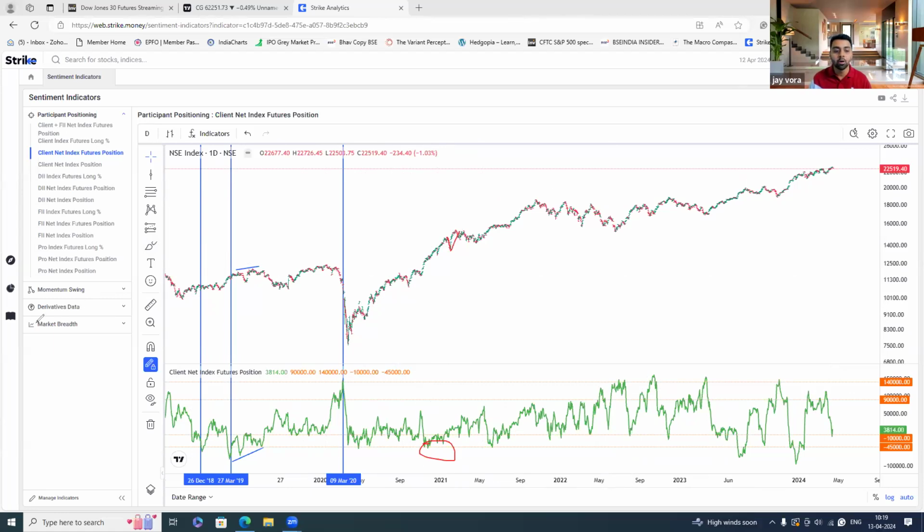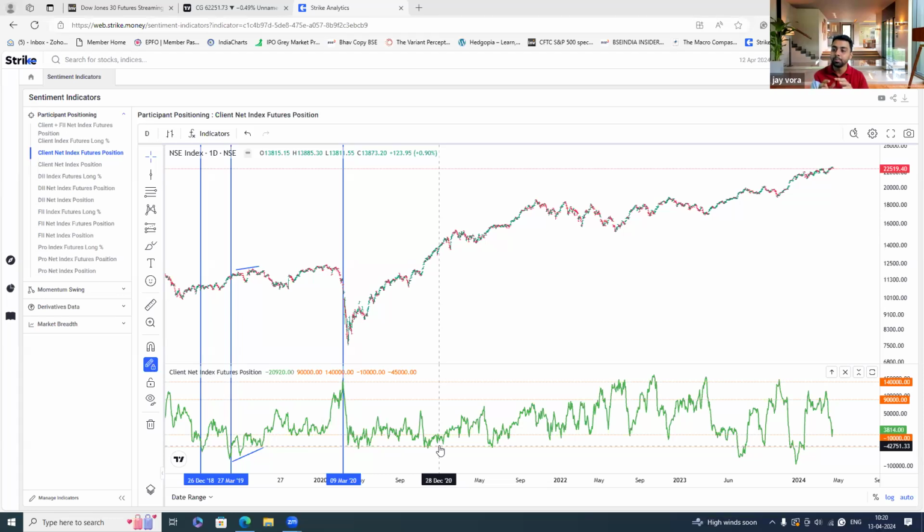So in strongly uptrending or downtrending markets, just like technical indicators where the market can remain overbought for a very long time, say on RSI, and prices can keep rising higher despite being at 80, 90, a similar thing can happen over here.